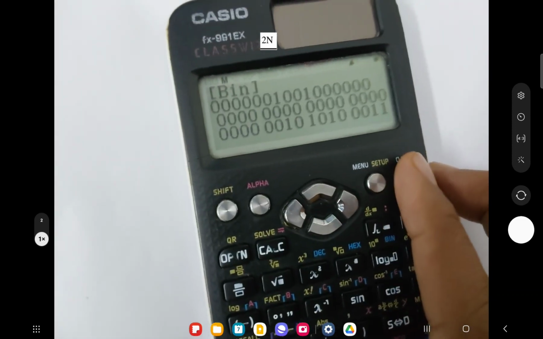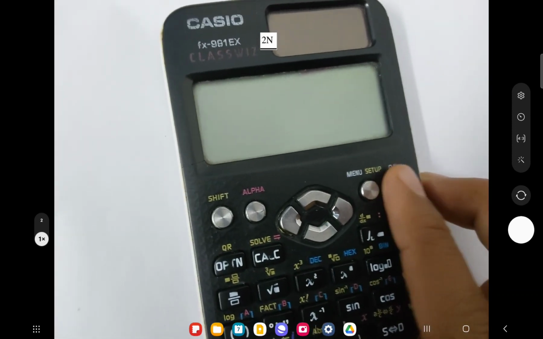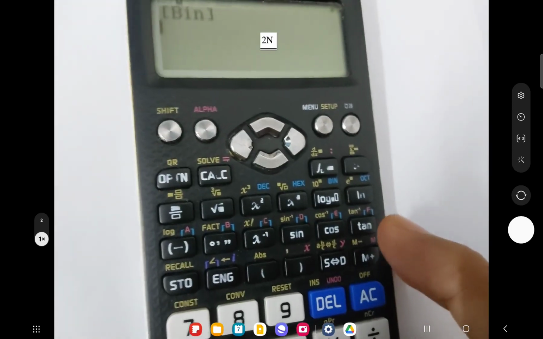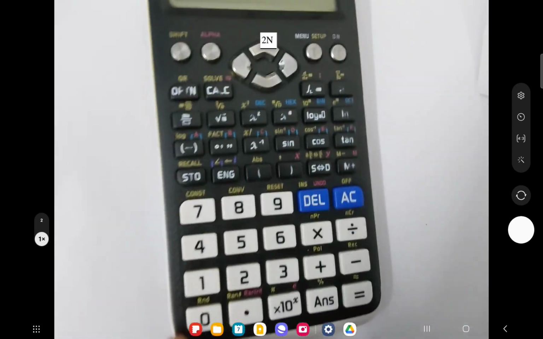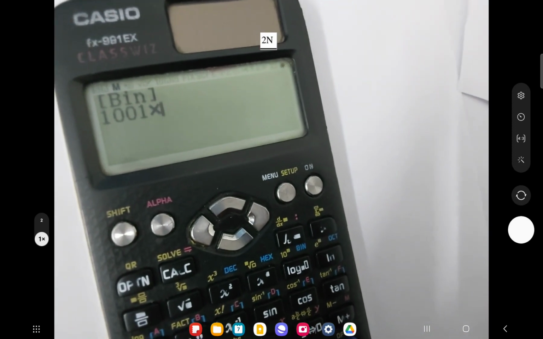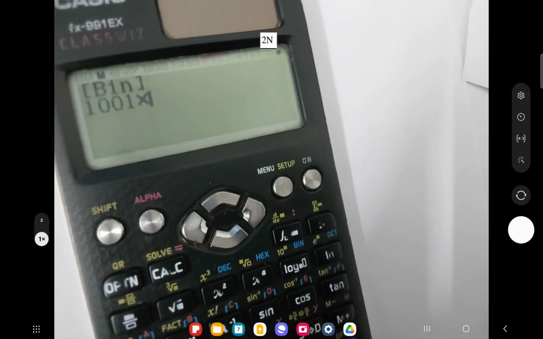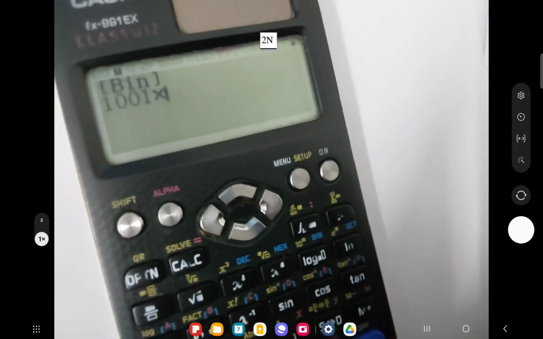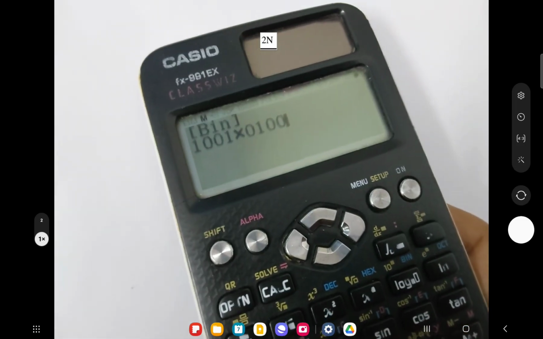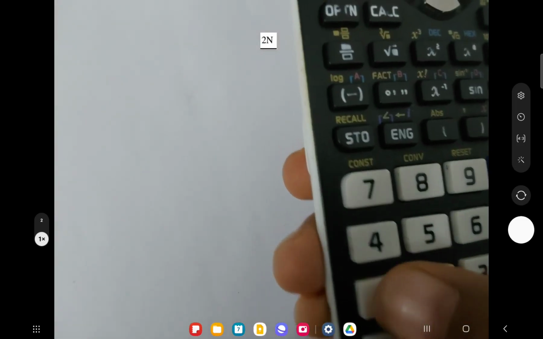Now we will put the numbers and multiply them. I am in the binary mode. The number was 1001 multiplied by 0 1 0 0 and then 1 0 1 1, so it is 1 0 1 1.